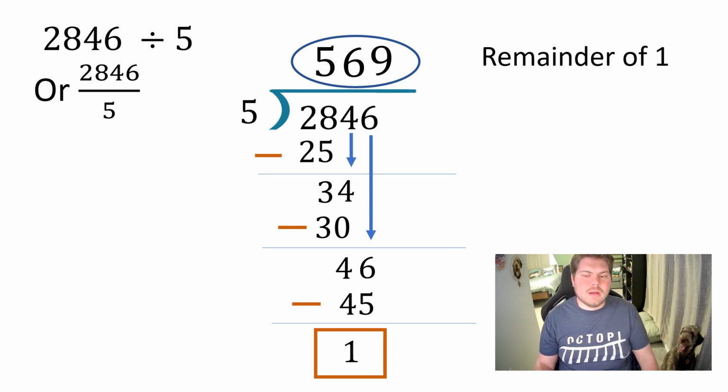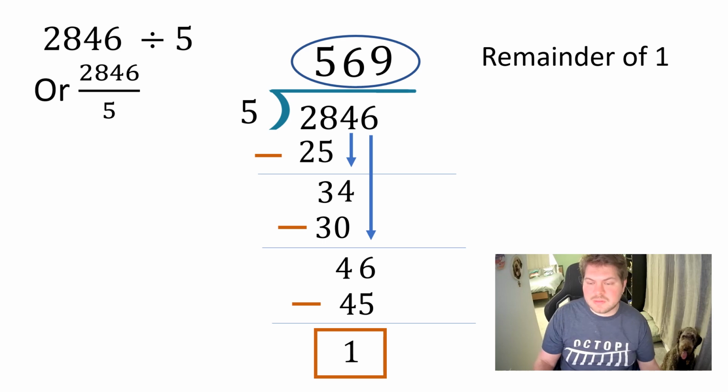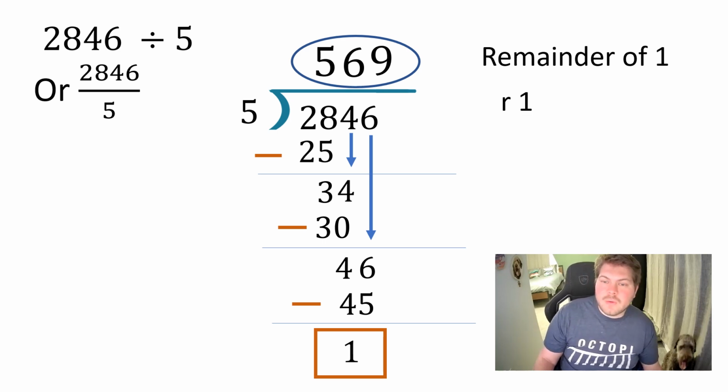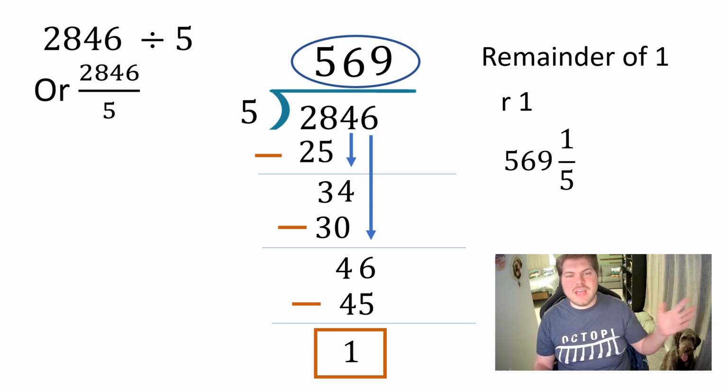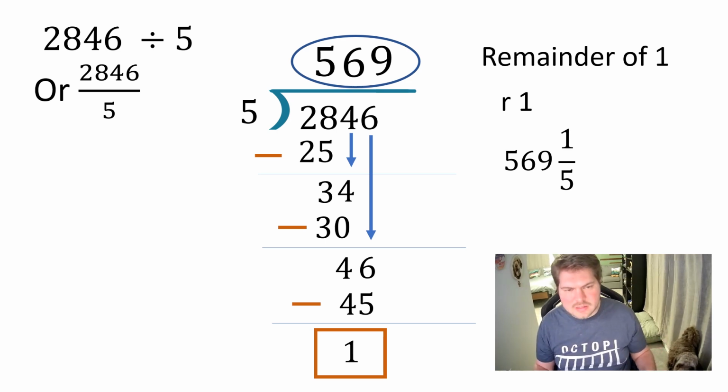So it divides 569 times with a remainder of 1. Or sometimes you'll see R1, or you'll see it as a fraction. So in this case, it's 1 over 5 because we're dividing by 5. With this 1 right here, you're still trying to think how many times does 5 go into 1, but you don't have anything else you can bring down.